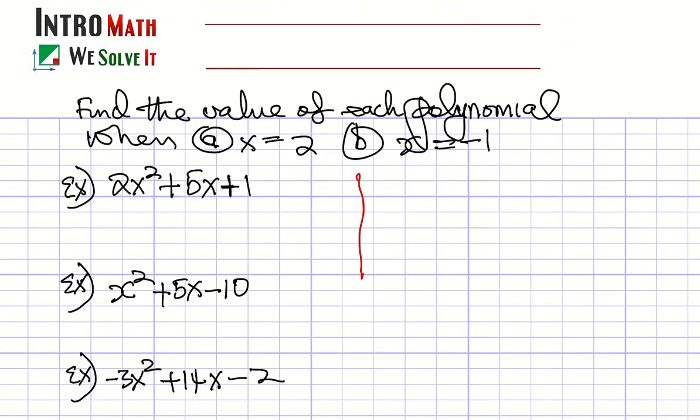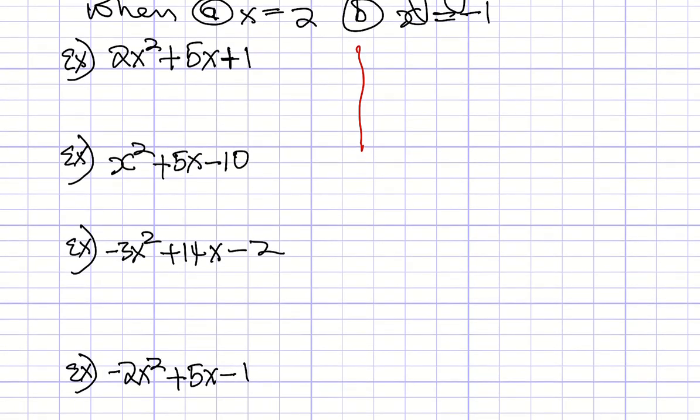Okay, you see what it says? Find the value of each polynomial when x equals 2 and x equals -1. I didn't give myself enough space, so I will divide the page into 2.